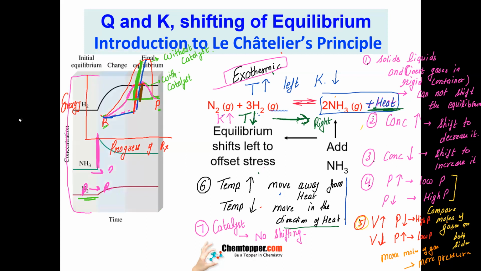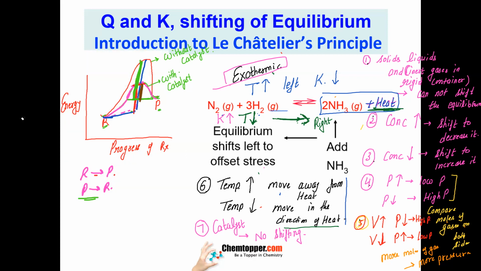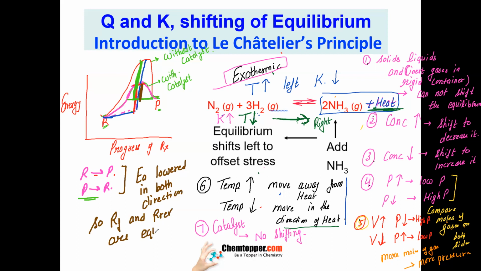It means the rate of reaction, E activation, lowered in both directions. That's the reason. So, rate of the forward direction and rate of the reverse direction are equally increased.